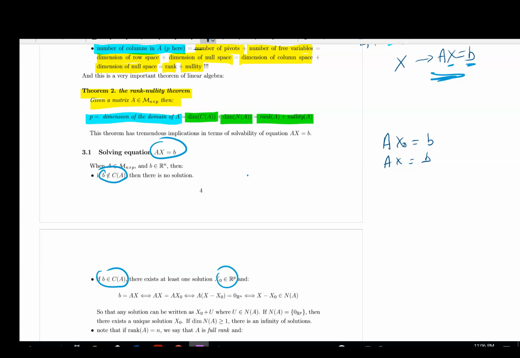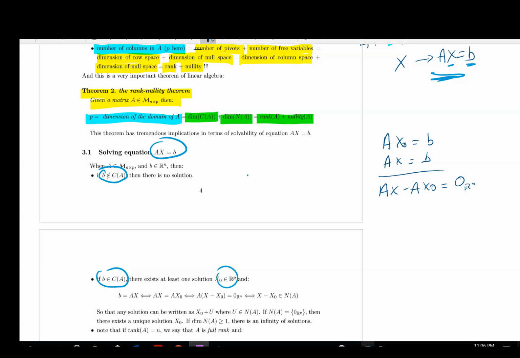Let's take one minus the other. That's going to be Ax minus Ax0 equal to b minus b, which is equal to the 0 of Rn.